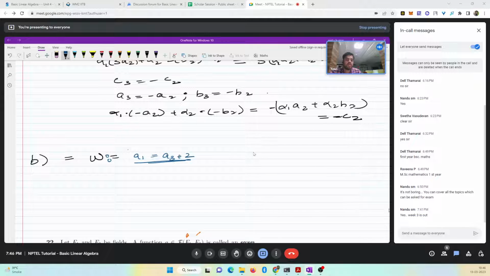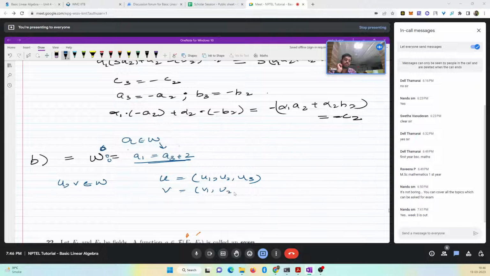This is being satisfied by the elements of W. Again, let's take two elements, U comma V belonging to W. So U would be U1 comma U2 comma U3, and V is V1 comma V2 comma V3. Now as U comma V belong to W, they satisfy this property, that is, U1 should be equal to U3 plus 2 and V1 should be equal to V3 plus 2.